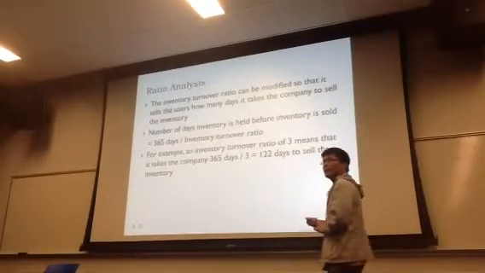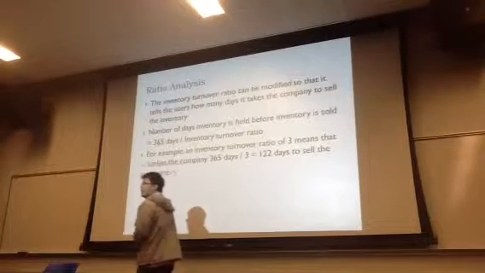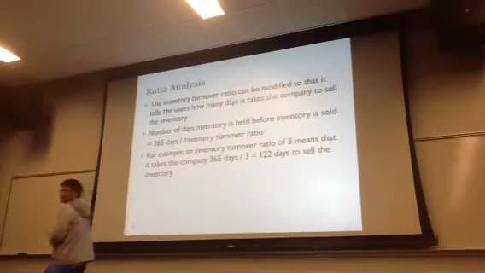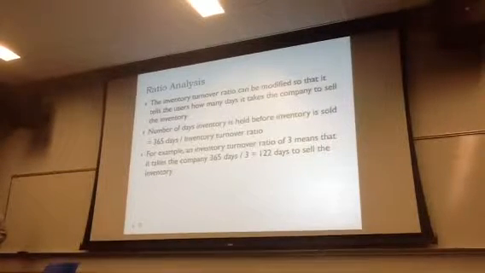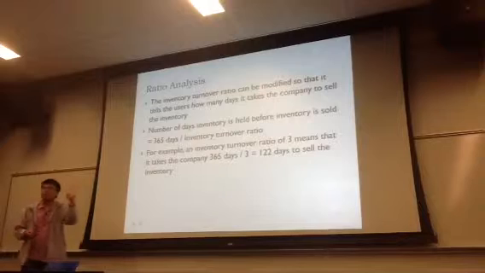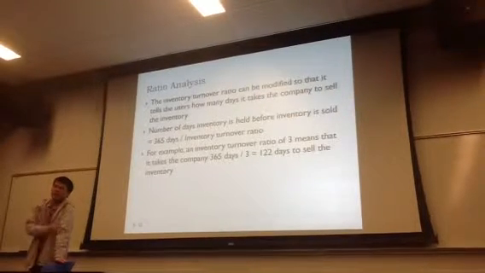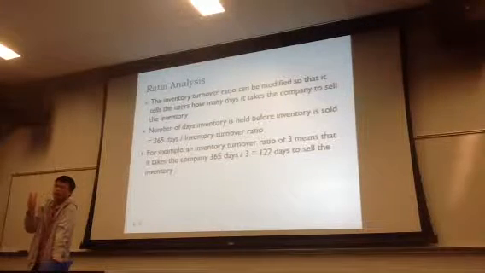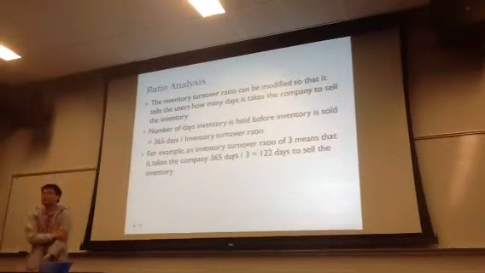For example, if you're selling inventory 3 times per year, you take 365 and divide it by 3, which gives you roughly 122 days. What that means is it takes you about 4 months to sell the inventory. The meaning is the same as an inventory turnover of 3, but it really depends on which one you want to use.